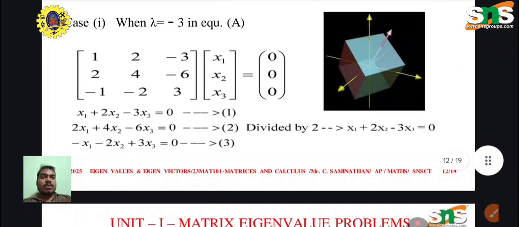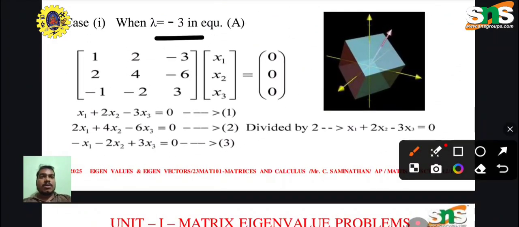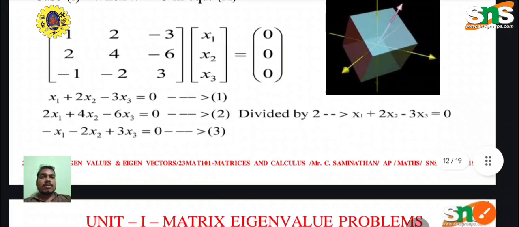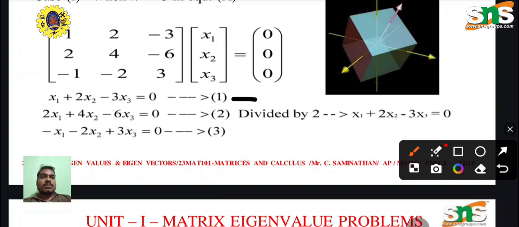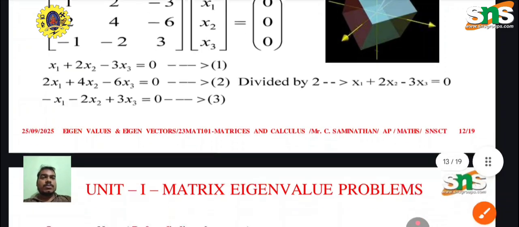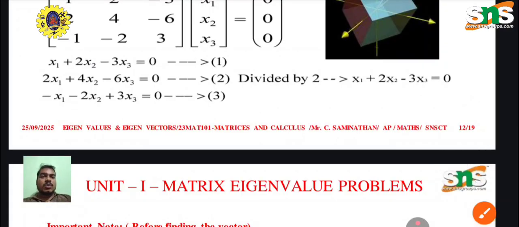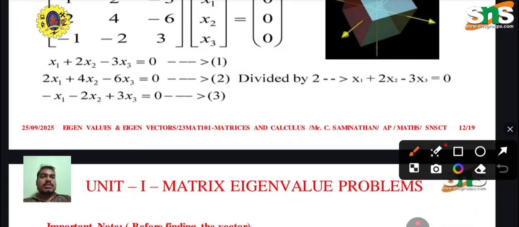When lambda equals minus 3, from equation 2 divided by 2, we get x1 plus 2 x2 minus 3 x3 equal to 0.